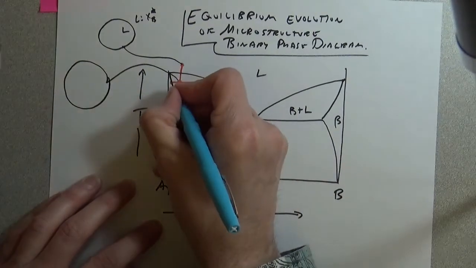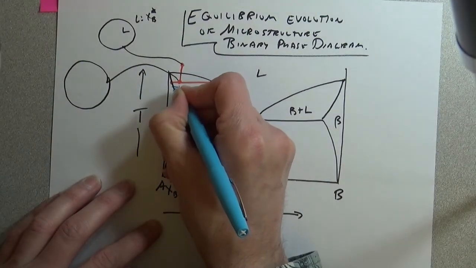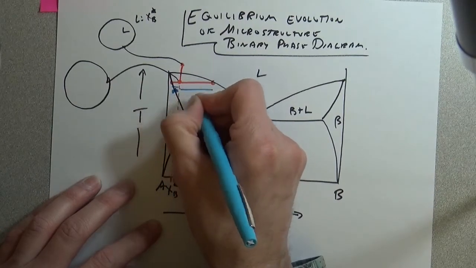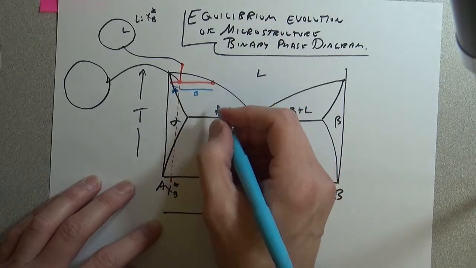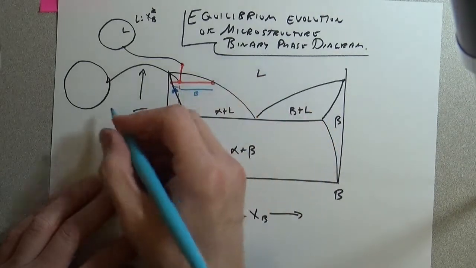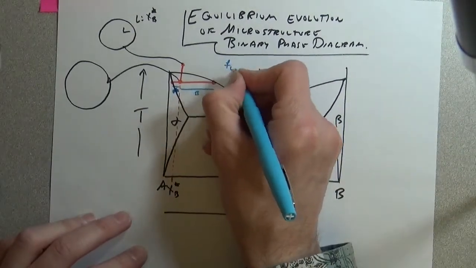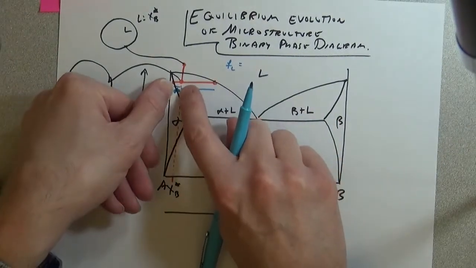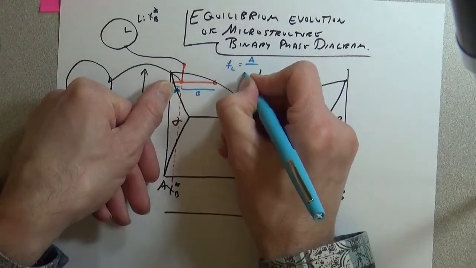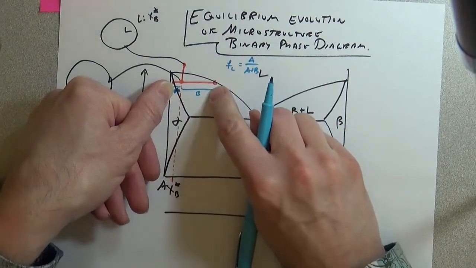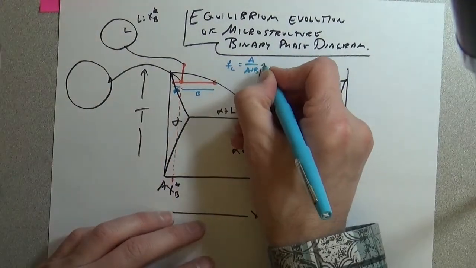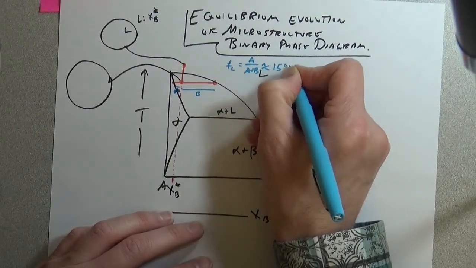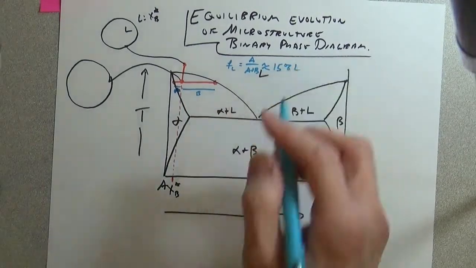So if you call this length A, call this length B, then the fraction of liquid, so the liquid's on that side, is going to be A divided by A plus B. So that looks roughly maybe 15% liquid.